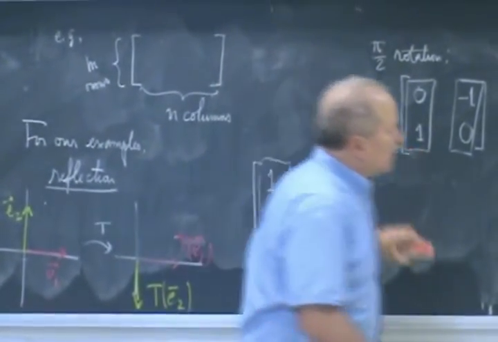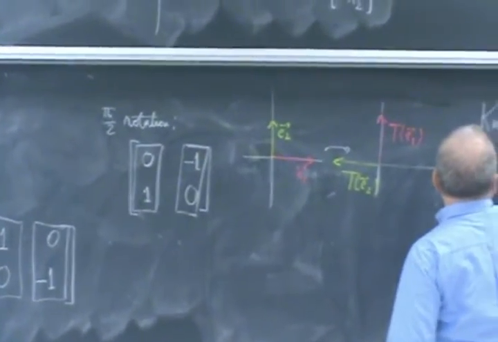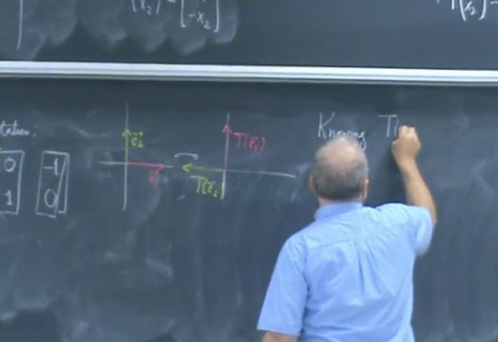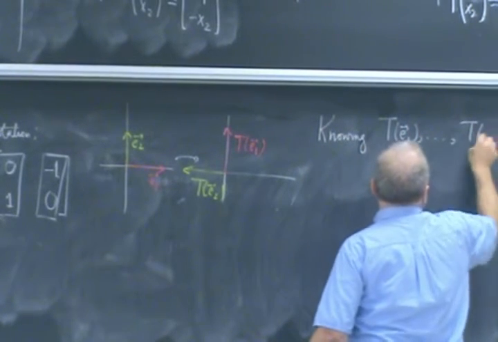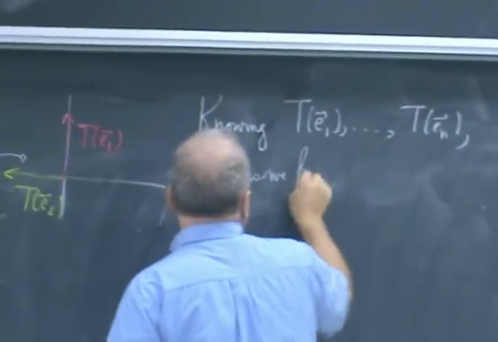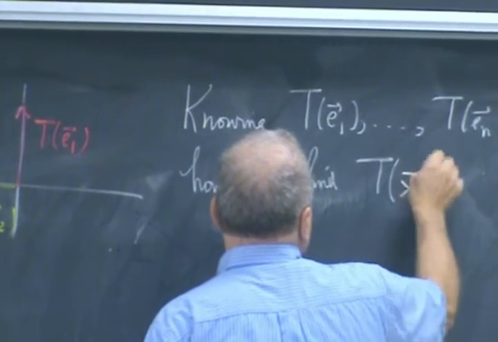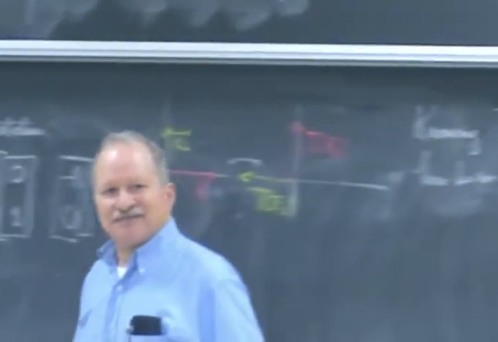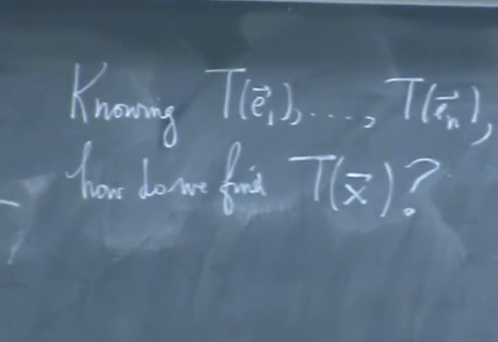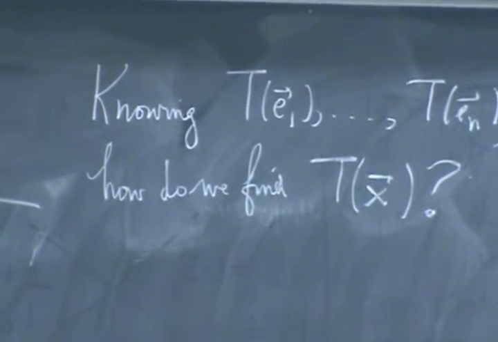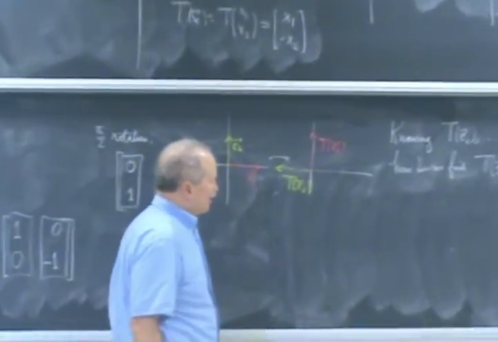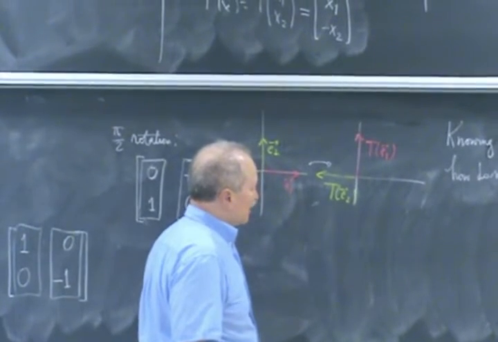But now, knowing T of E1 to T of En, how do we find T of a general vector x? You going to give it away? Well, it's x times the A, like using matrix multiplication. Close. Not quite right, but close. Oh, the other way around? A times x.